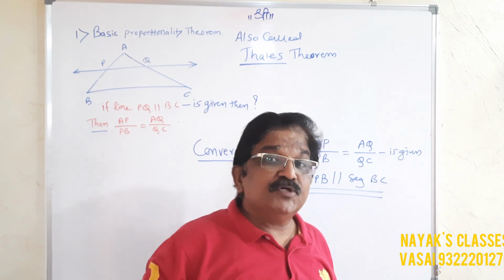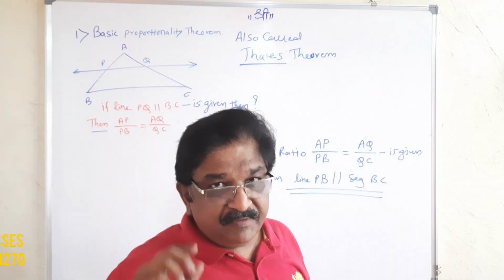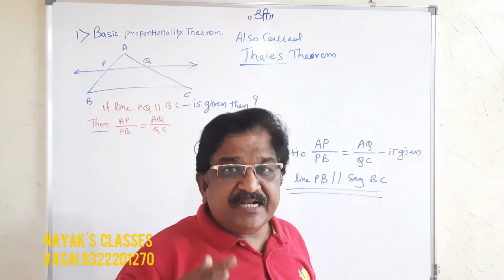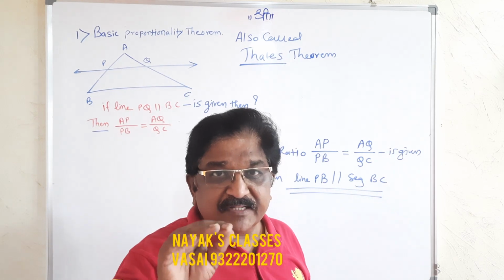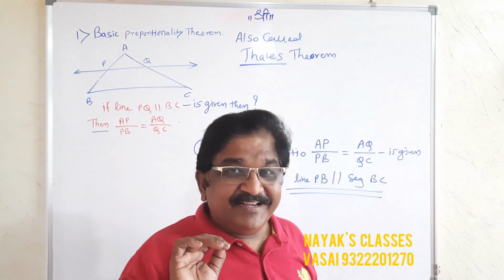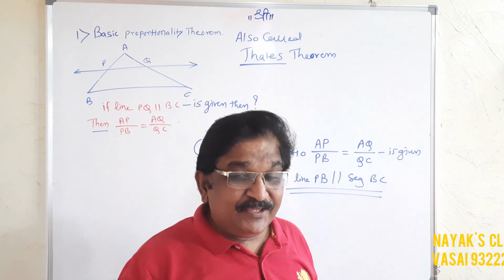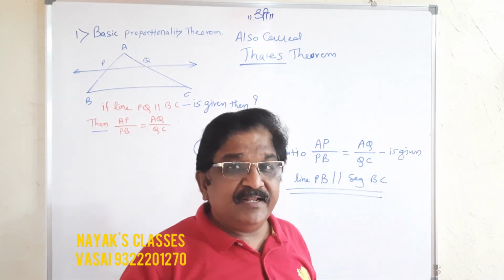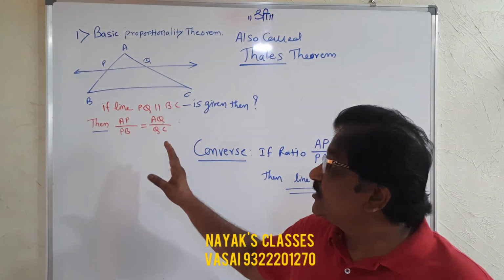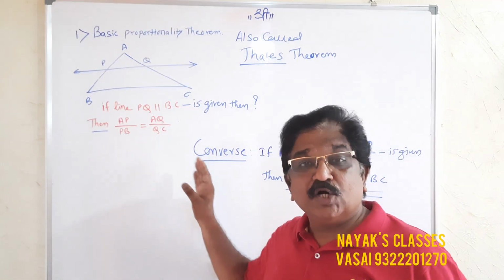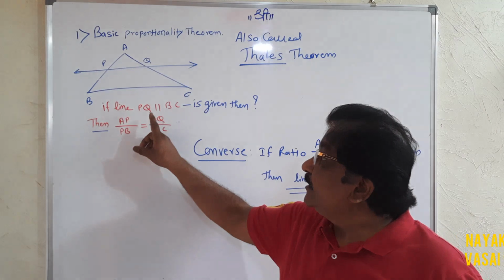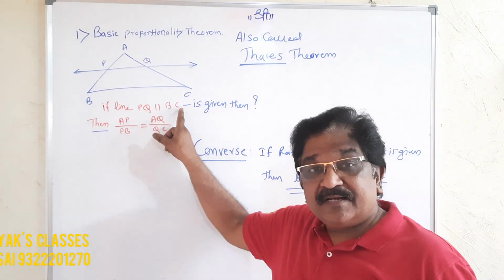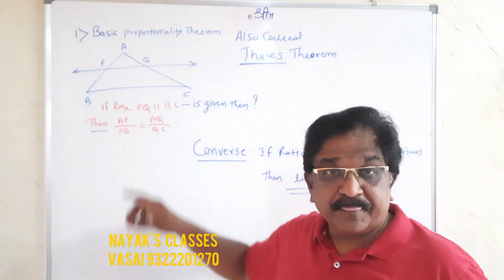Converse means the opposite of this statement. It means, if your parents are your parents, then you are their children. And the converse: you are children, therefore they are parents. In the same manner, this sentence can be written as a converse. If lines are parallel, the ratios are equal.